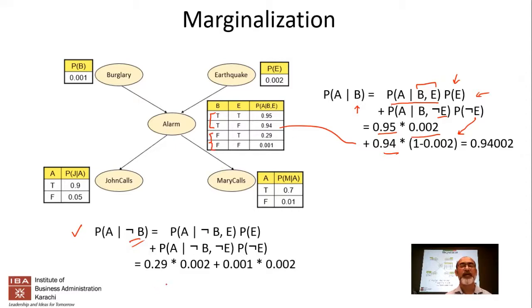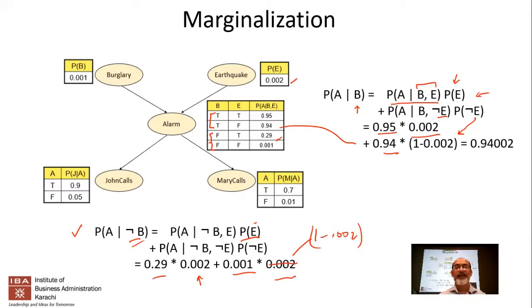Okay, so we're going to do 0.29 multiplied by the probability of E here, which is 0.002, multiplied by this particular value, 0.001, multiplied by probability of E bar. Yeah, there's a mistake over here, so this should be 1 minus 0.002. Okay, good. People are awake.